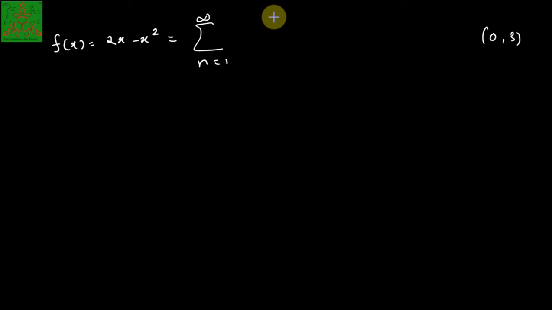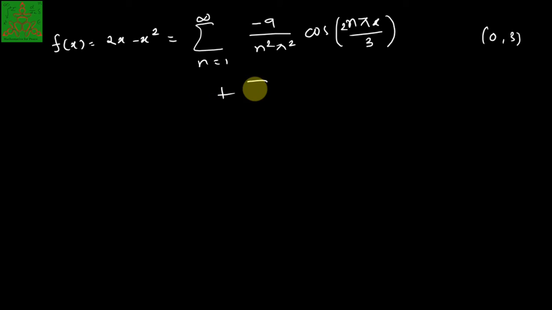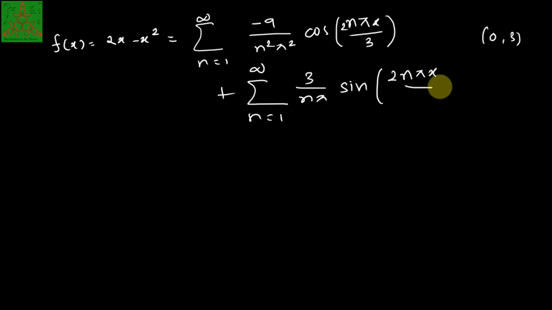The an you have is minus 9 upon n square pi square cos n pi x by l, which is 3 by 2, so it is 2 by 3, plus summation n running from 1 to infinity dn. dn is 3 by n pi into sine 2n pi x by 3.